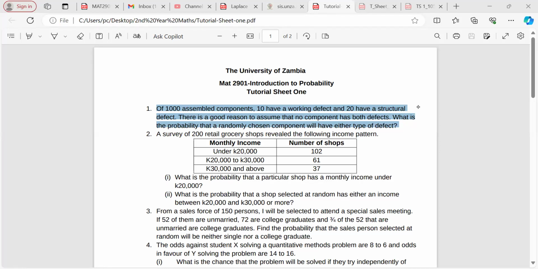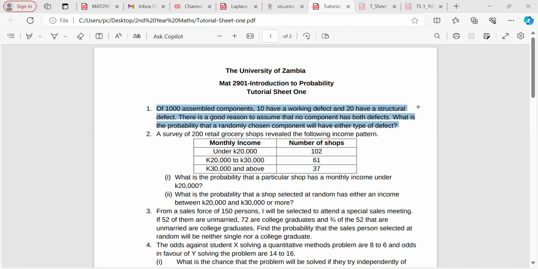Of 1,000 assembled components, 10 have a working defect and 20 have a structural defect. There's a good reason to assume that no component has both defects. So what is the probability that a randomly chosen component will have either type of defect?